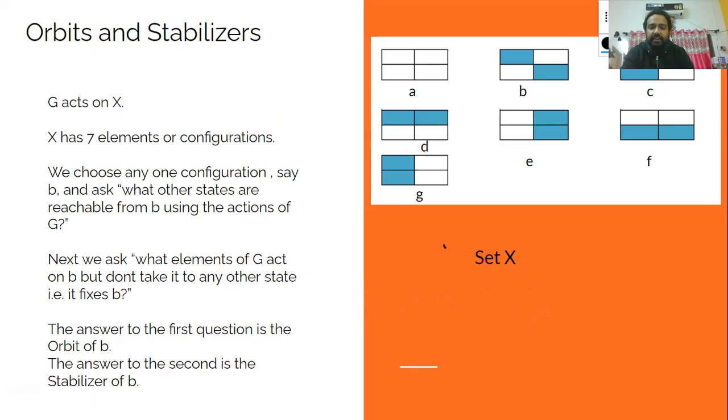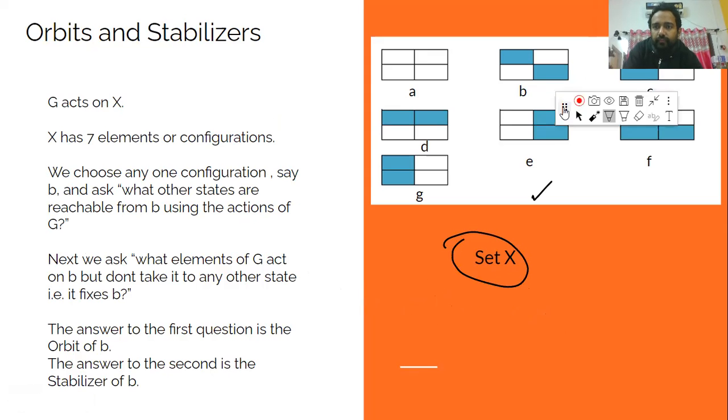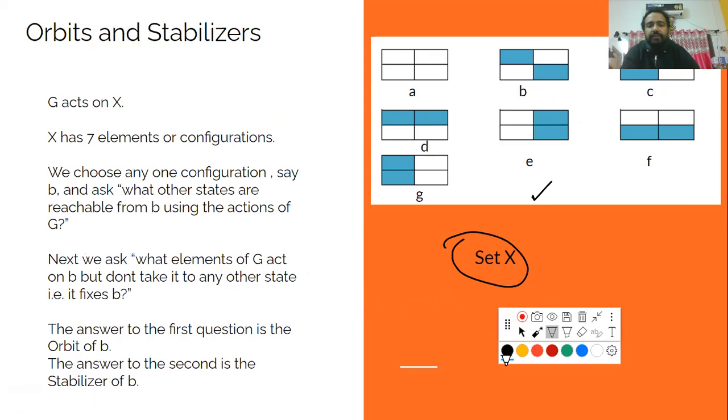Let us consider this set X, which has these 7 elements. As you can see, each is a rectangle divided into 4 sub-rectangles. A has all the rectangles white.